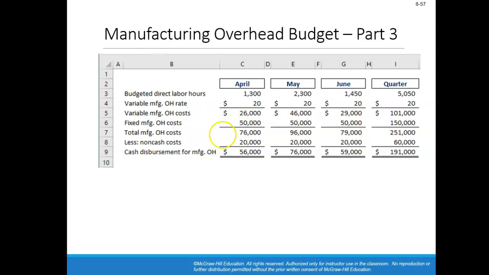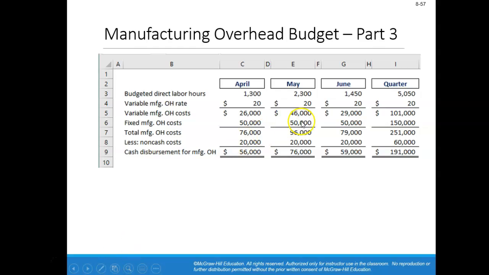Now, we do have to show the total overhead costs each month, including those non-cash. And why do we do that? Because we want to figure out what's going to be our overhead costs per unit. We know the overhead rate variable. We know the fixed overhead cost, but we're saying what would be our overhead cost we're going to assign to each unit. So let's take a look.